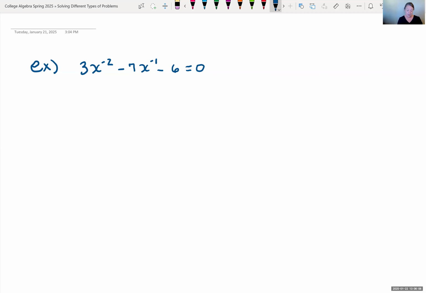I could rewrite this equation with no negative exponents and then solve it that way by clearing my fractions. But I'm going to use the substitution method that we were using yesterday.